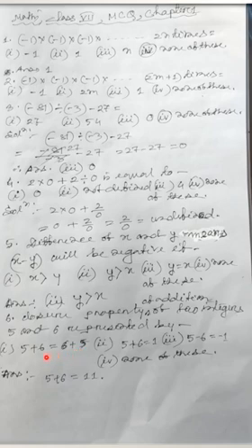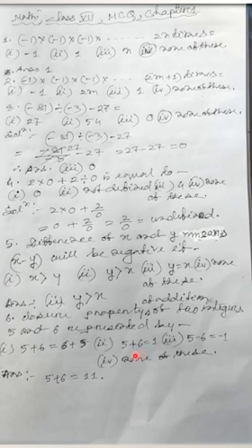Is it the closure property? No, it is the commutative property. If 5 plus 6 equals 6 plus 5, it is the commutative property. If you change the order, then it is the commutative property. Now, 5 plus 6 equal 1 is not possible.